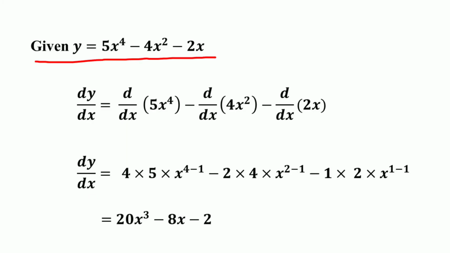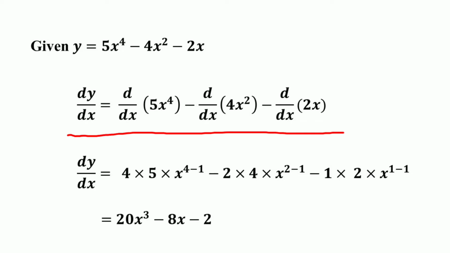Similarly, we have another function, that is y is equal to 5x raised to the power 4 minus 4x square minus 2x. Then the derivative of this given function d/dx is equal to d/dx of 5x raised to the power 4 minus d/dx of 4x square minus d/dx of 2x.